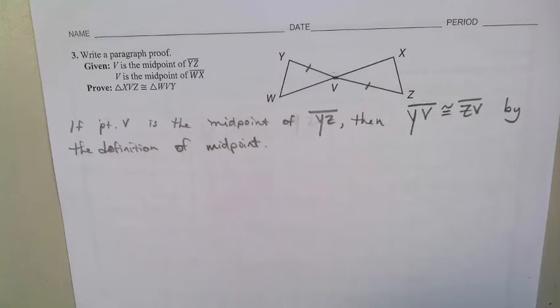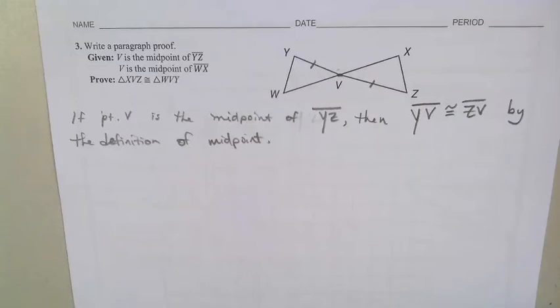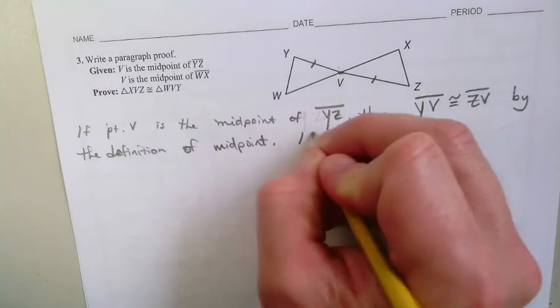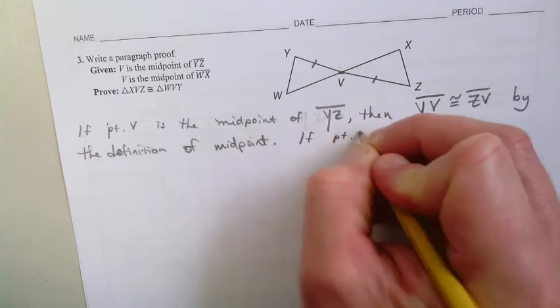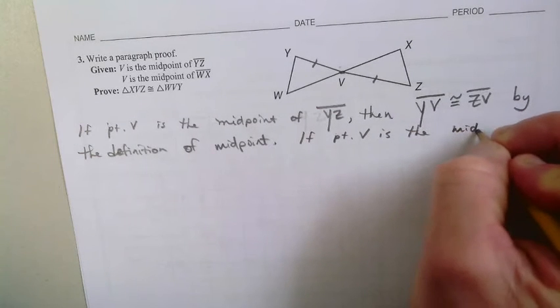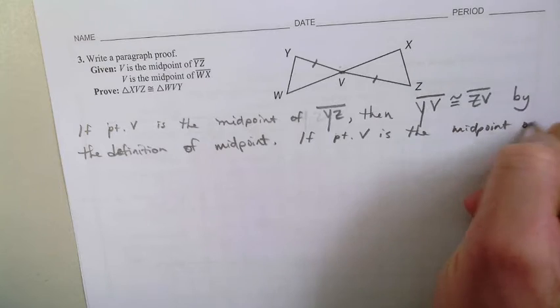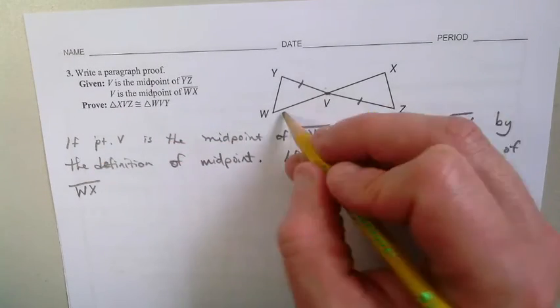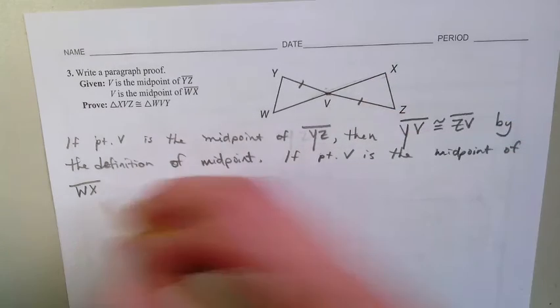Now the next part says if V is the midpoint of WX, if point V is the midpoint of WX, so this segment, what does that mean?